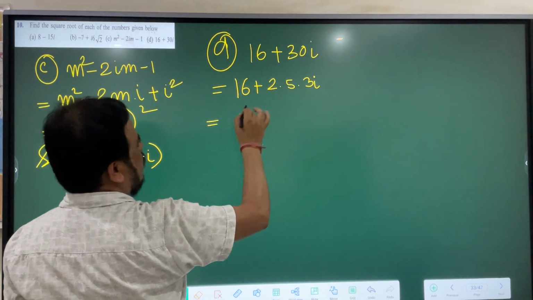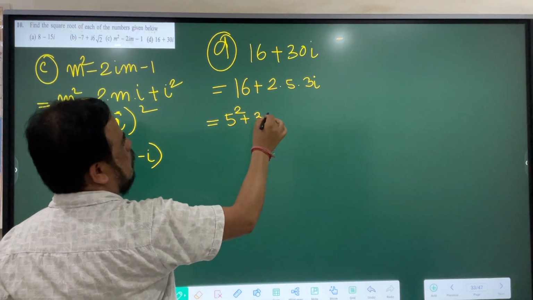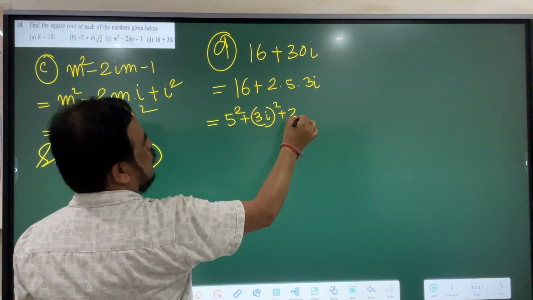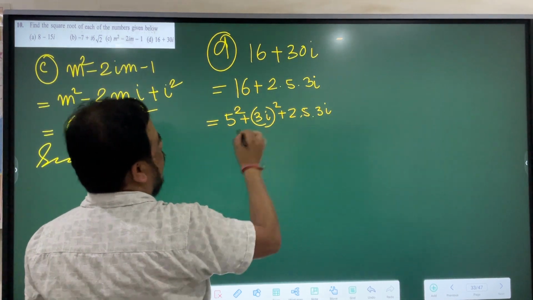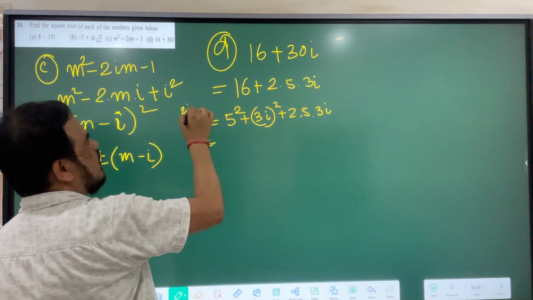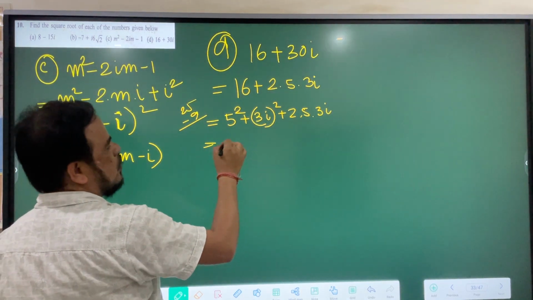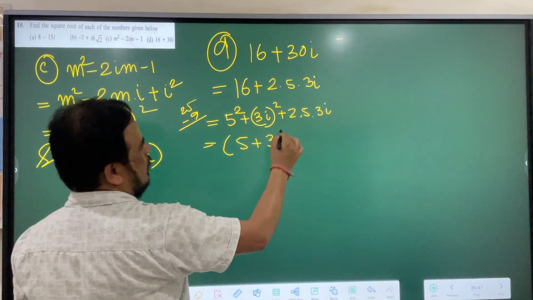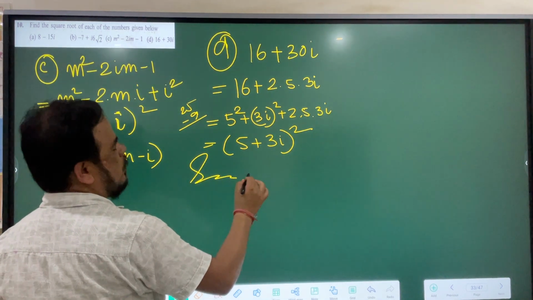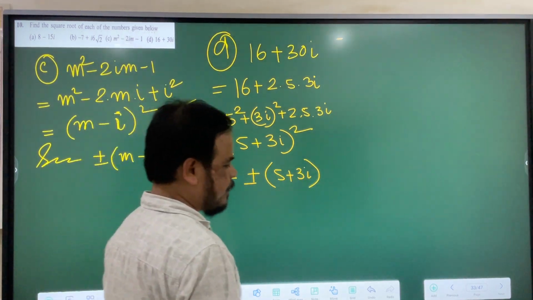So that calculation is correct. Now let us write a square plus b square plus 2 into 5 into 3i. Whether we get 16 or not: 5 square is 25, 3i square is minus 9, 25 minus 9 is 16. So that is correct. So required square root is plus minus (5 plus 3i).